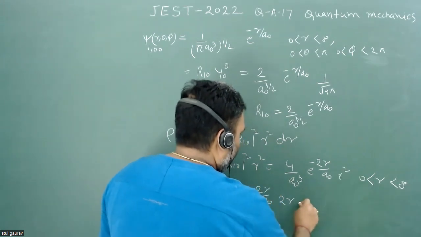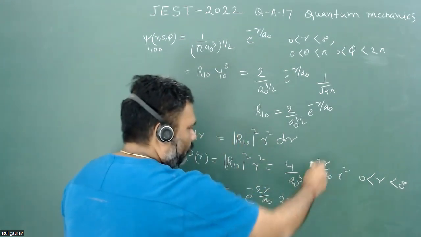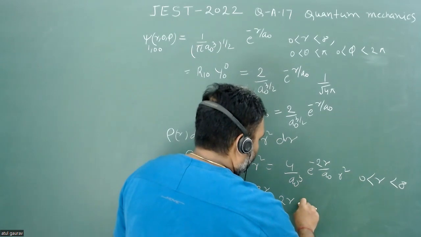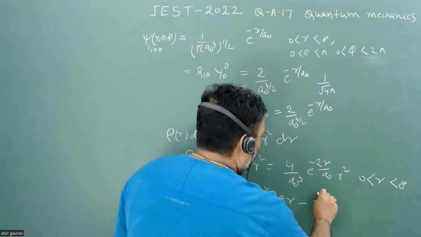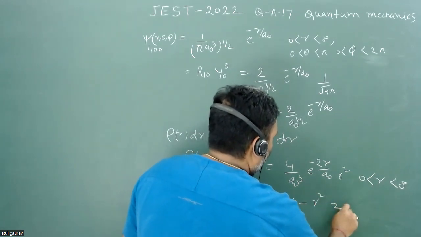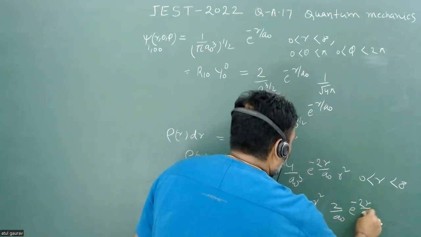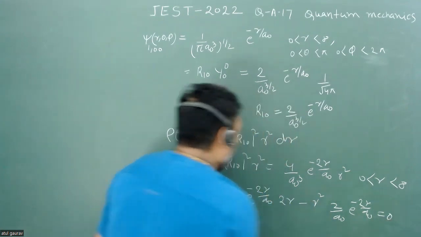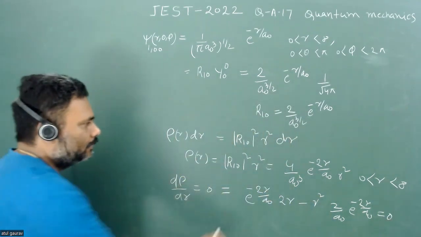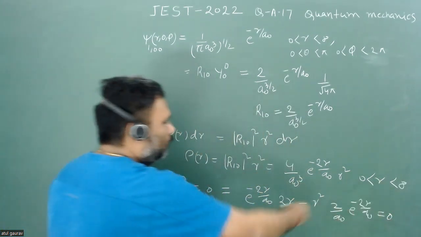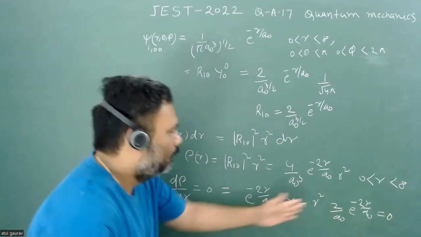And again, we take r squared common and differentiate the exponential, so this will be minus r squared 2 upon a0 e to the power minus 2r upon a0, and this must be equal to 0. Yes, this is constant, hence the right hand side is 0, so we only have to consider this one.